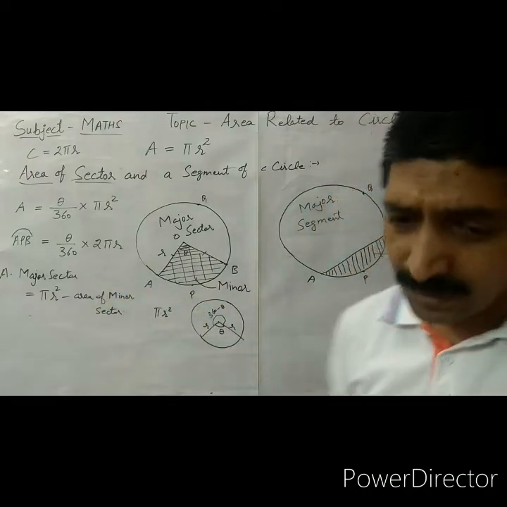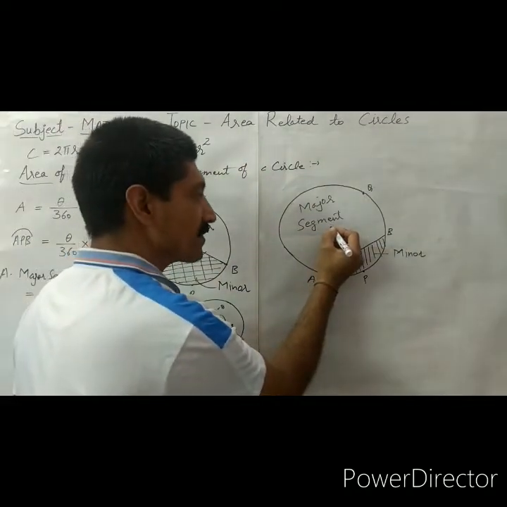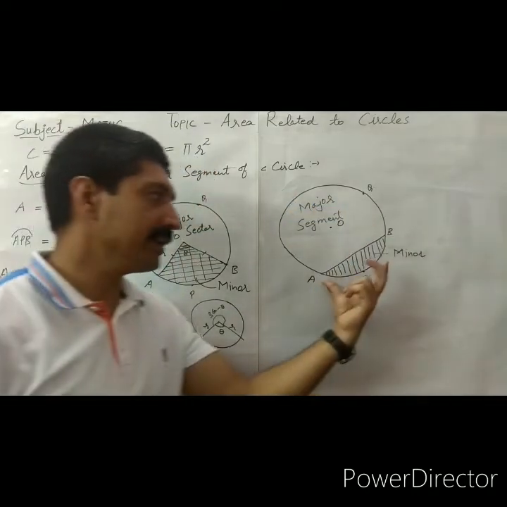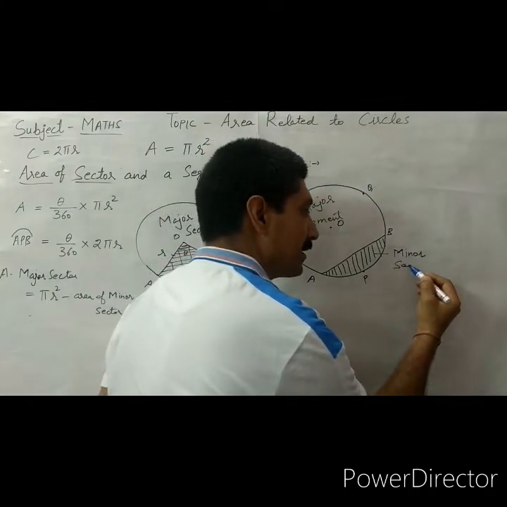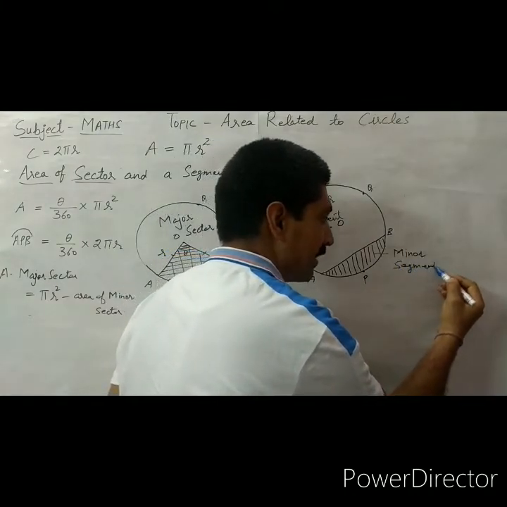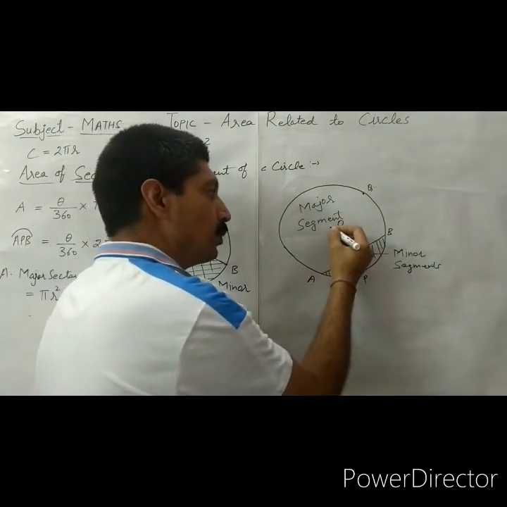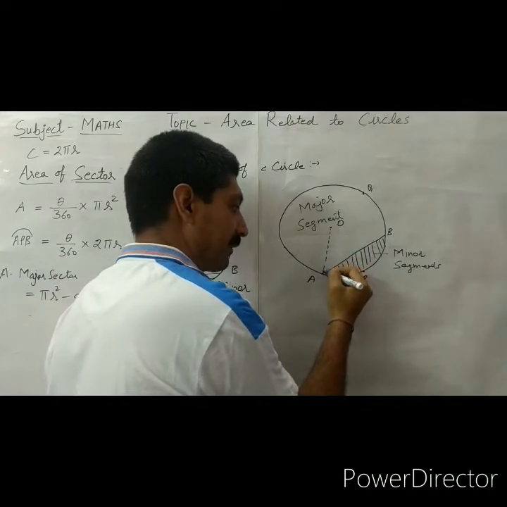Now come to the segment. If O is the center of this circle and we are interested in finding the area of the minor and major segments, then in this case we have to first find the area of the sector.